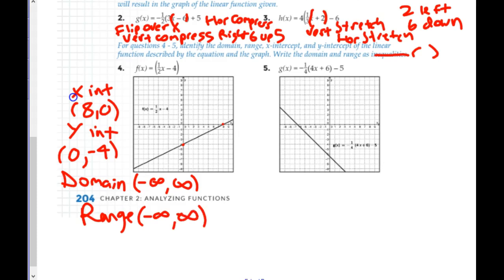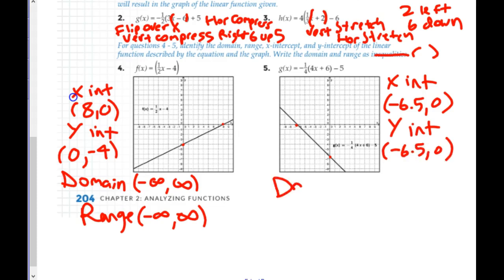Number 5, the x-intercept looks like negative 6.5, comma 0. The y-intercept looks like negative 6.5, comma 0.